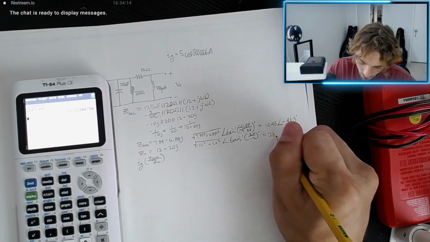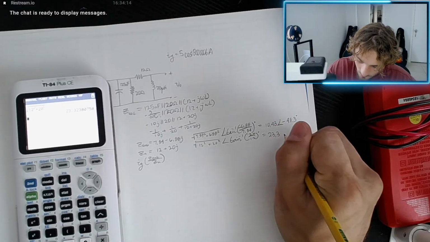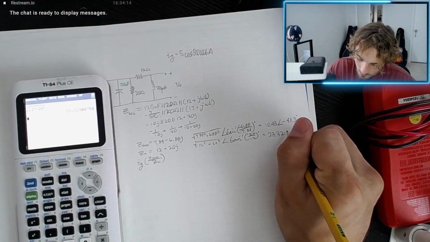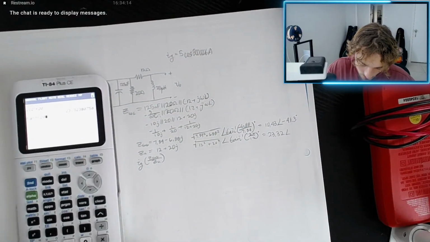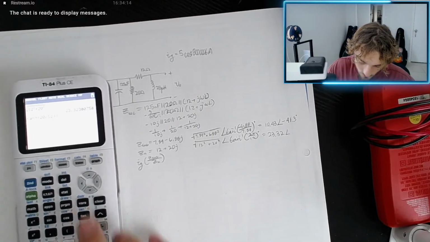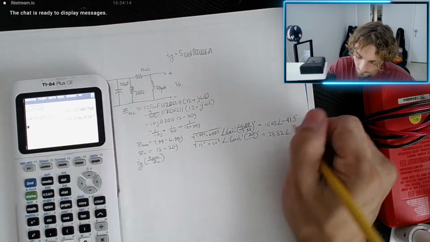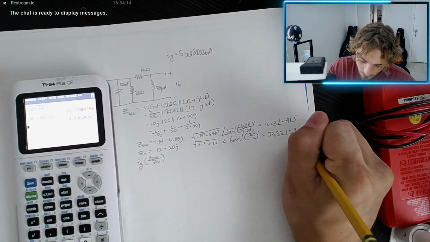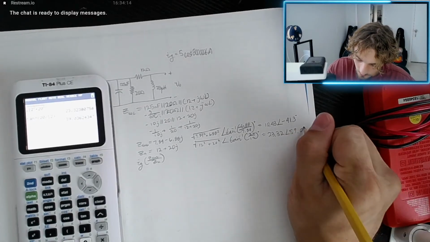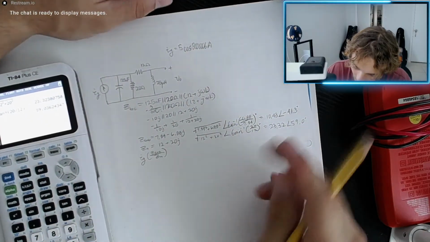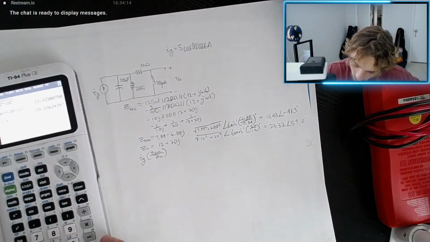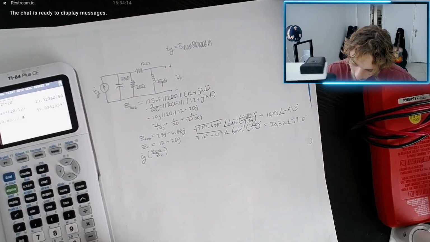Magnitude 23.32. Angle, inverse tangent of 20 divided by 12, 59.0 degrees. Okay, so now if we divide these, we got 10.43 divided by 23.32.